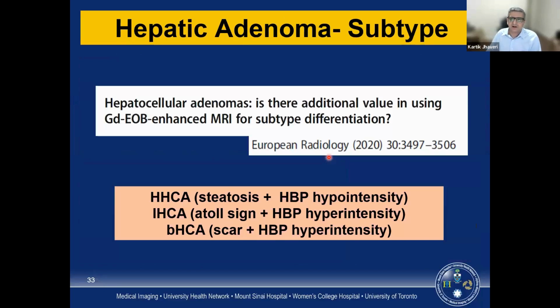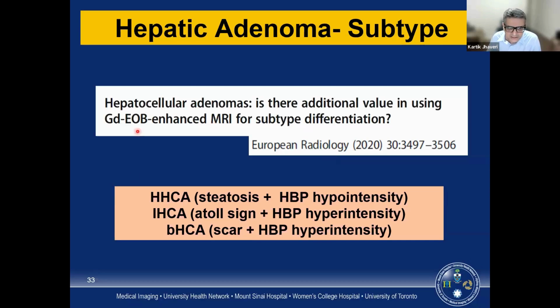However, do all hepatic adenomas look hypointense on the hepatobiliary phase? And the answer is no, because, as we know, there are distinct subtypes of hepatic adenoma, at least from an imaging perspective. Although there are 5 subtypes, the 3 main subtypes that we can try and differentiate with MR are essentially the fat-containing or HNF1 alpha subtype, the inflammatory subtype, and the beta-catenin subtype.